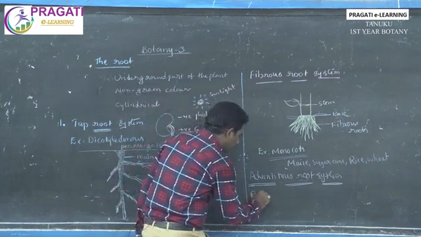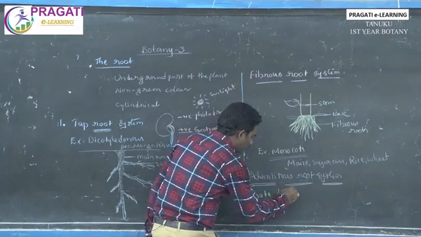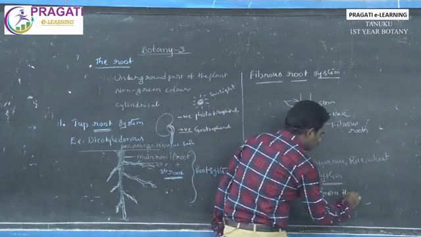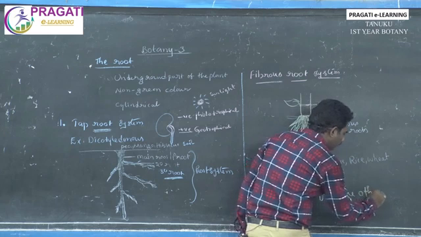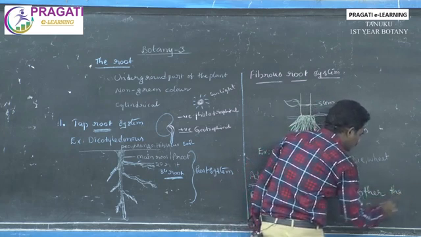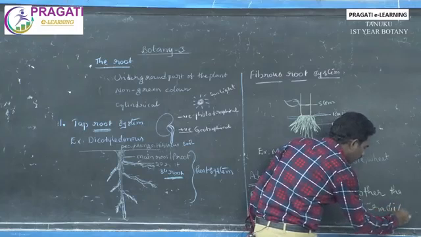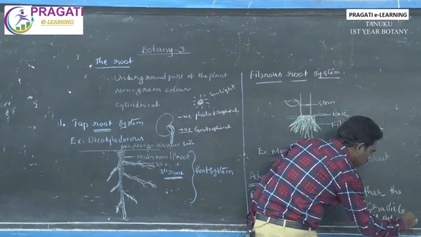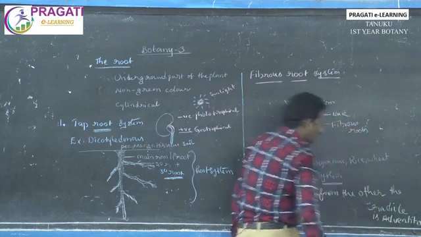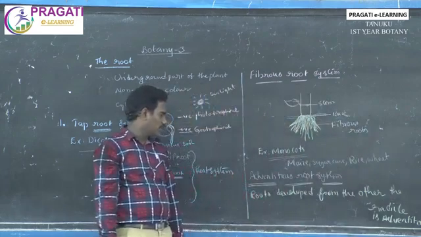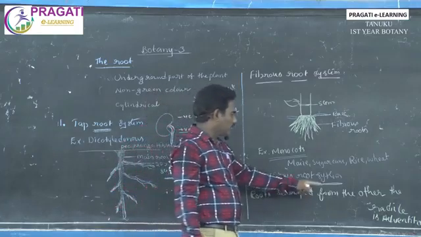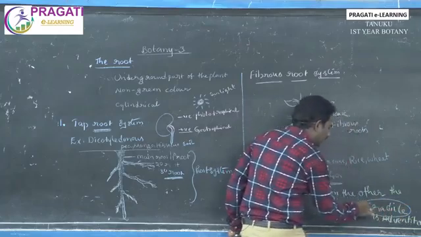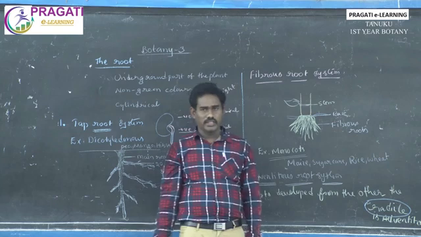Roots developed from parts other than the radicle are called the adventitious root system.